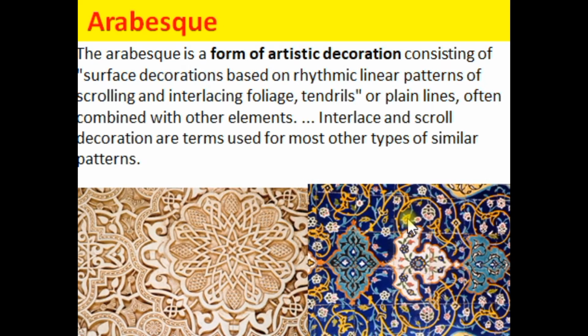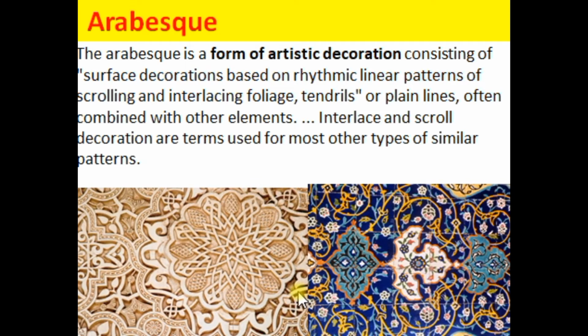And this arabesque is also known as tariq in Arabic, which means foliage. This is a purely Islamic form of decoration, which means interlacing stems and lines. These lines may be flat or curved, pointed and smooth, but never isolated.